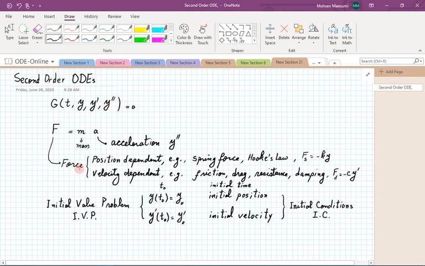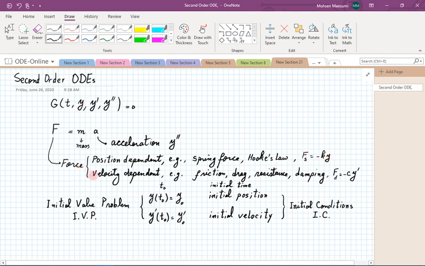Force, well, there are all sorts of sources of force in nature. We are just going to concentrate on two of them. One is position dependent. An example of it is a spring force, sometimes referred to as Hooke's law. In that case, the force of a spring is proportional to stretch, and the stretch is indicated by your position.